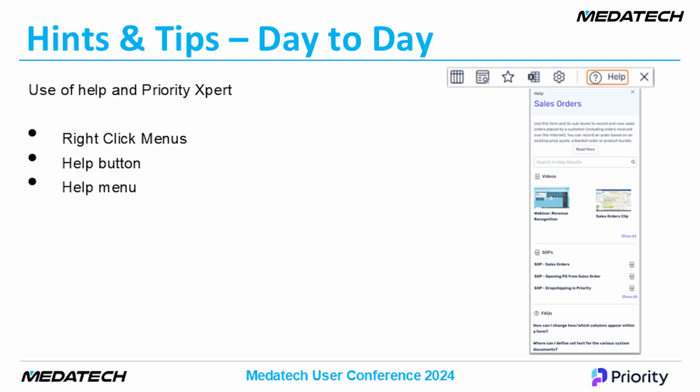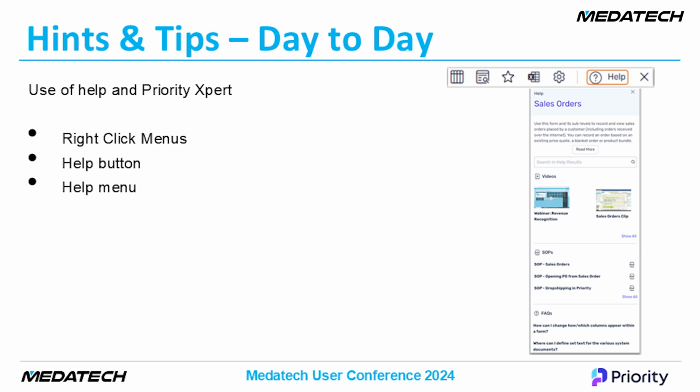So moving on to the next hints and tips, I am going to talk to you about help. I bring this up in every hints and tips presentation, but only because it's so important and it's constantly being improved. So the help within Priority is not just around the system and contextual, it's also online.